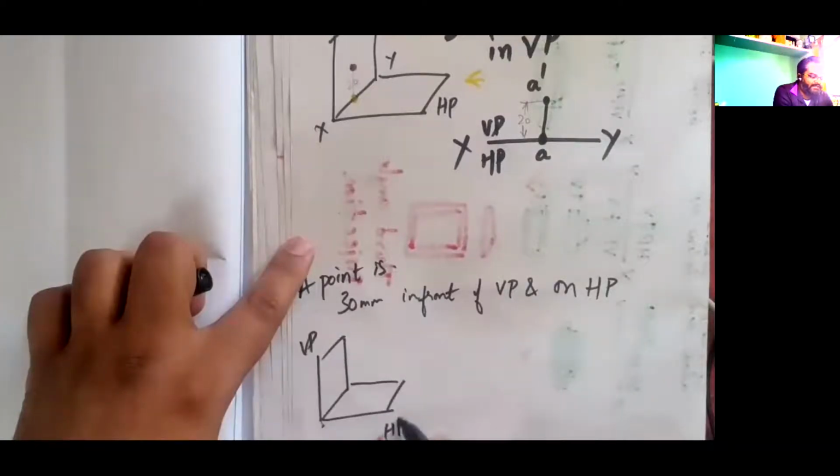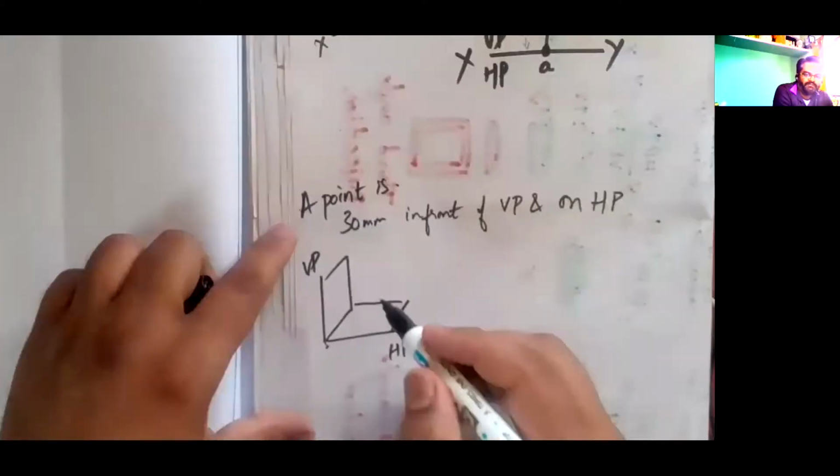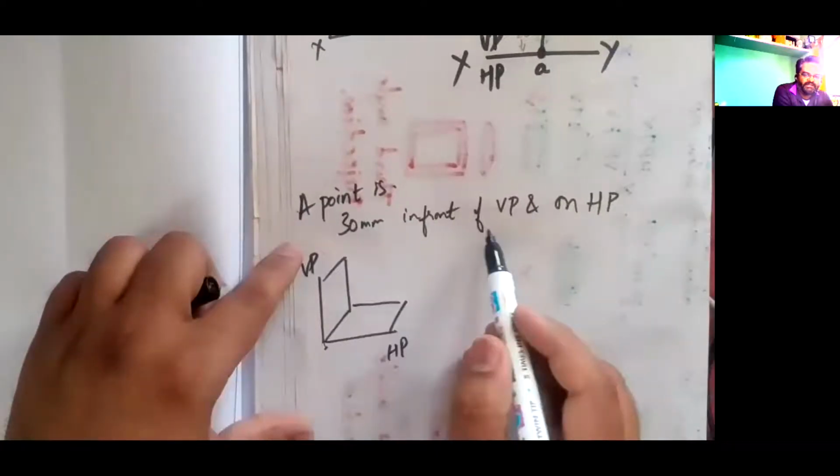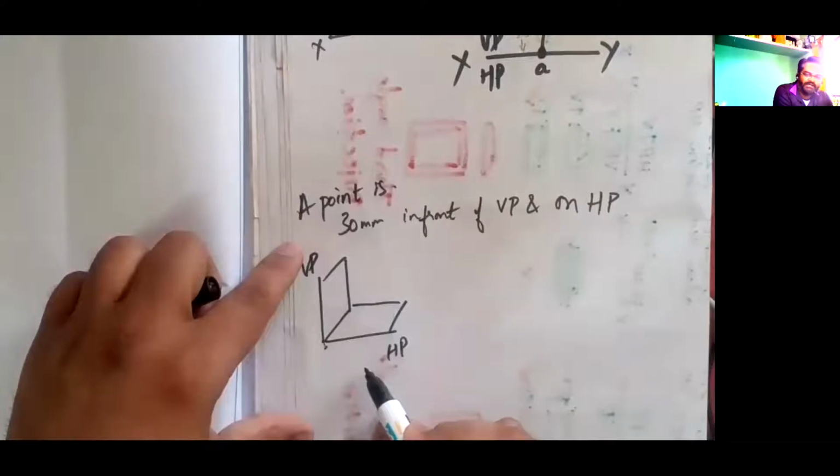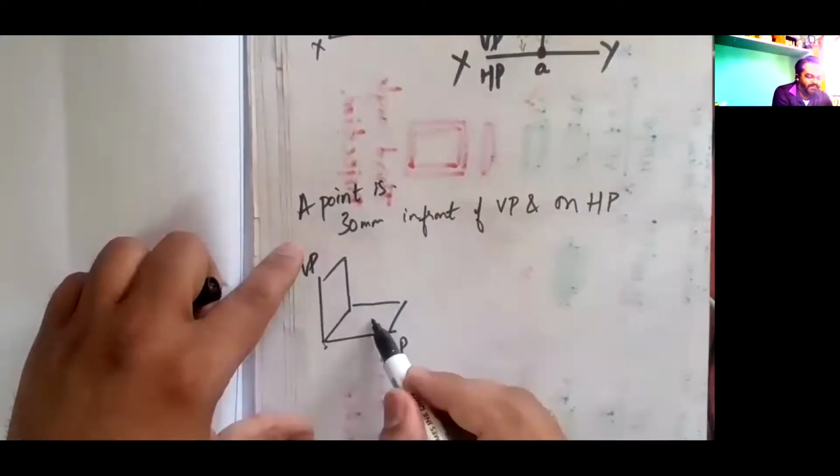The point is 30 mm. See, in front of VP, 30 mm, somewhere here the point is lying. And it is on HP. So directly I'm placing a point here on HP, like this.